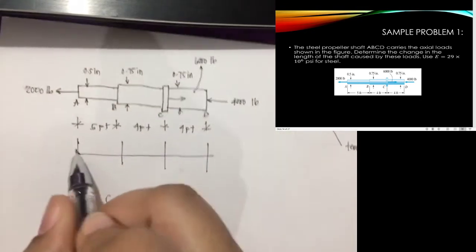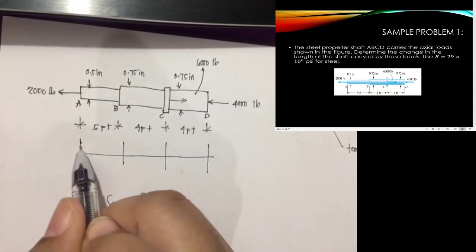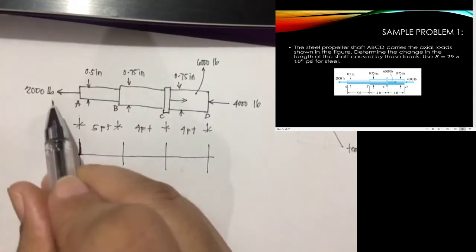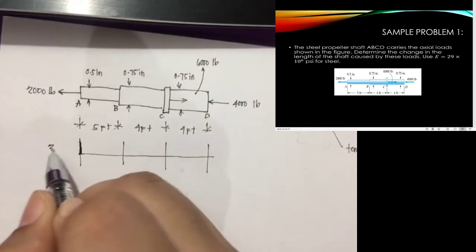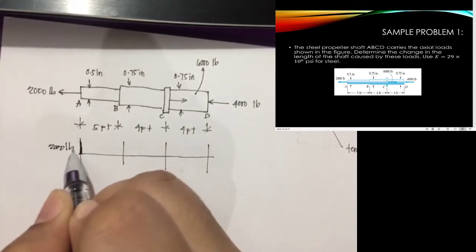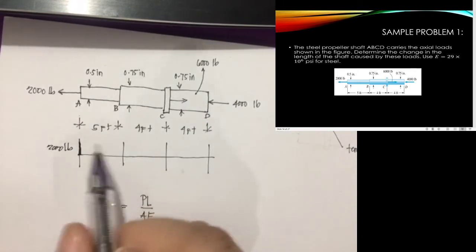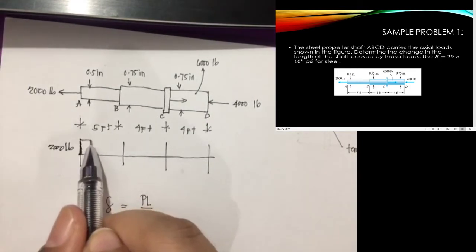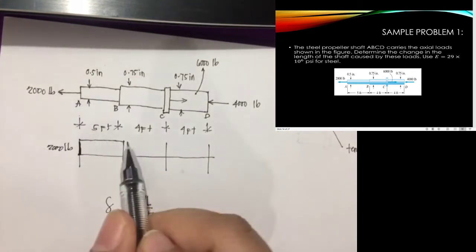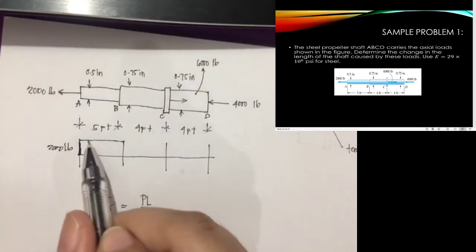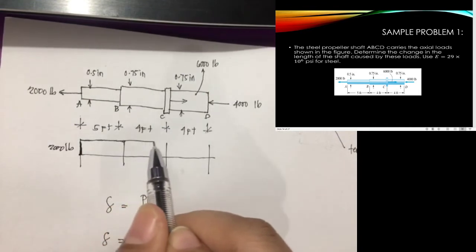So, it goes up. So, we have here the 2,000 there, its effect on the diagram, it goes up. So, this will be your 2,000 pound. And then, all throughout, up to B, there is still no other load applied. So, it just continues straight.